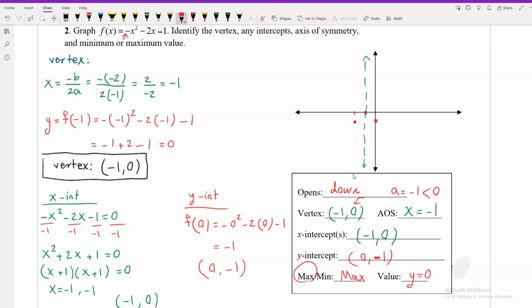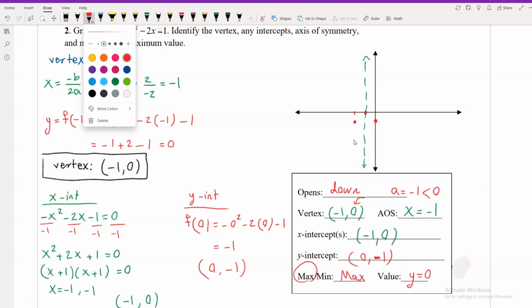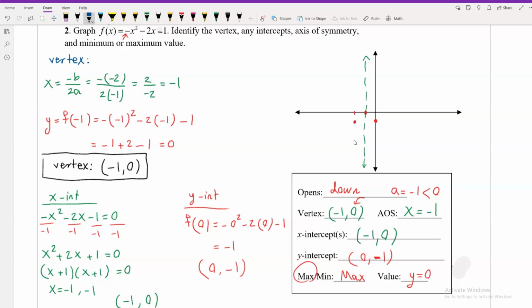So this point is negative 2, negative 1. And then we can find 2 more points, or we can connect these this way, but make sure that when connecting here we don't have a straight line. And that point is max.